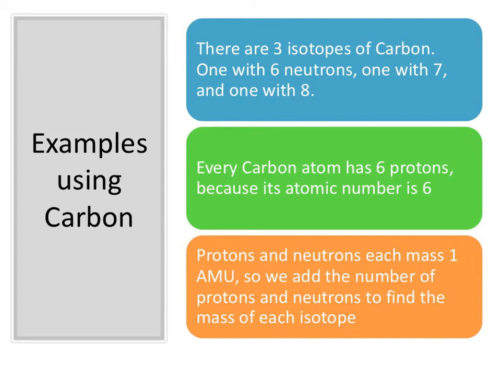In order for us to get 12, 13, and 14, we have to take our 6 protons plus our number of neutrons. If our mass is 12, 6 plus 6 will give me 12. If the mass is 13, 6 plus 7 neutrons will give me 13. If the mass is 14, we take 6 protons plus 8 neutrons to give me the mass of 14.